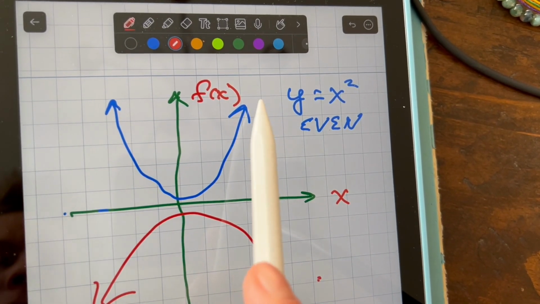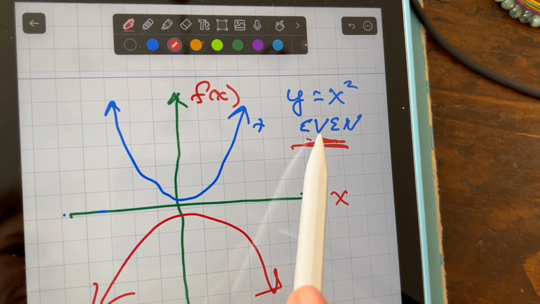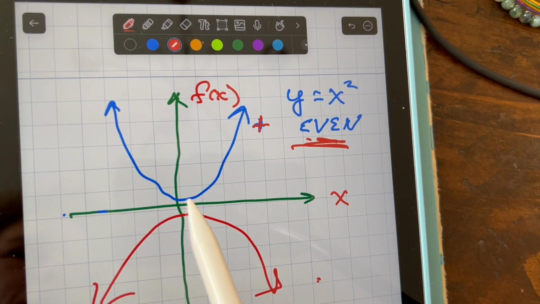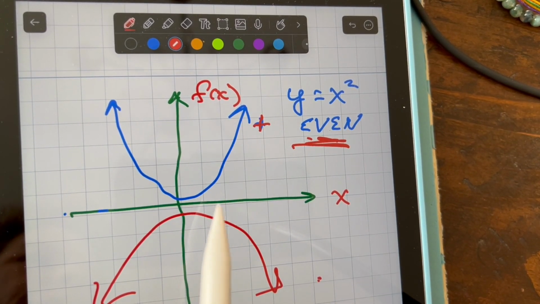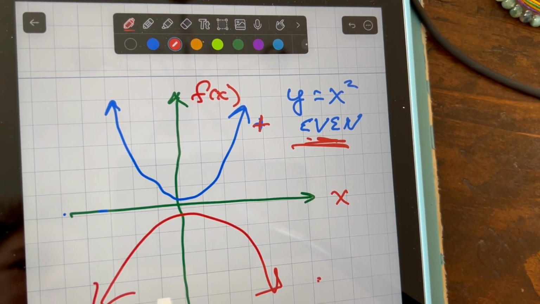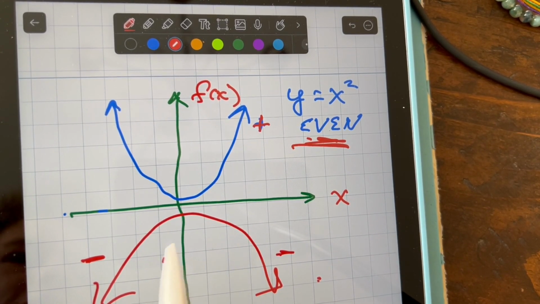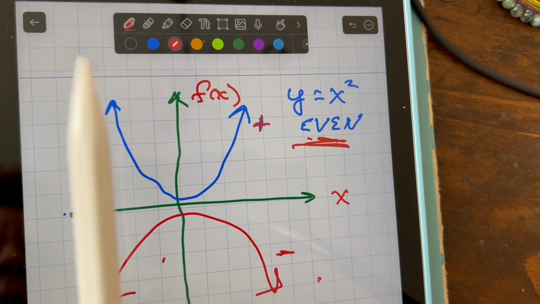So for an even degree, when the lead coefficient is positive, when you go infinitely negative, you have infinitely positive, and the other way is the other way. Both ends go the same direction. If the lead coefficient is negative, if you go infinitely negative, you have negative, and infinitely positive, you still have negative.